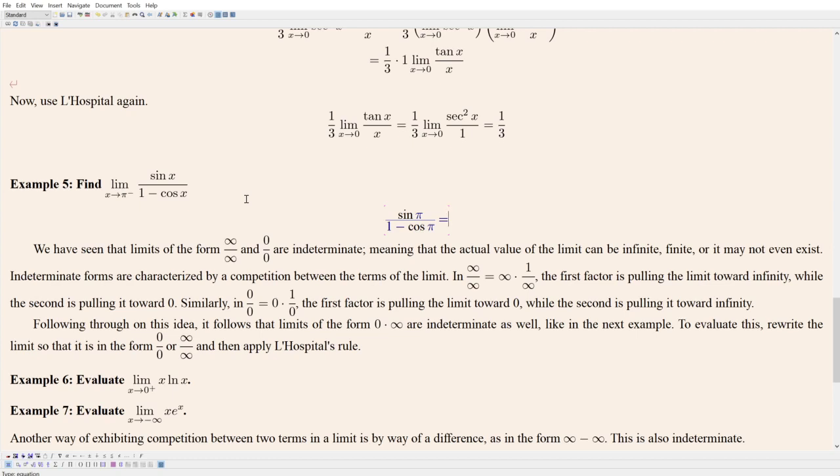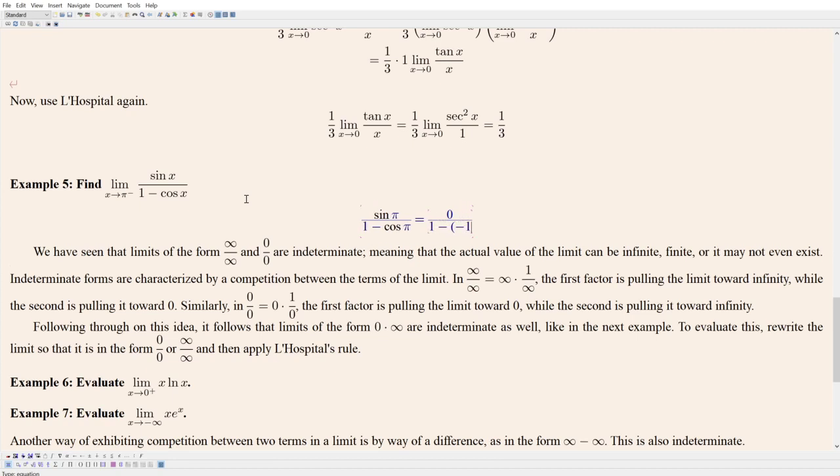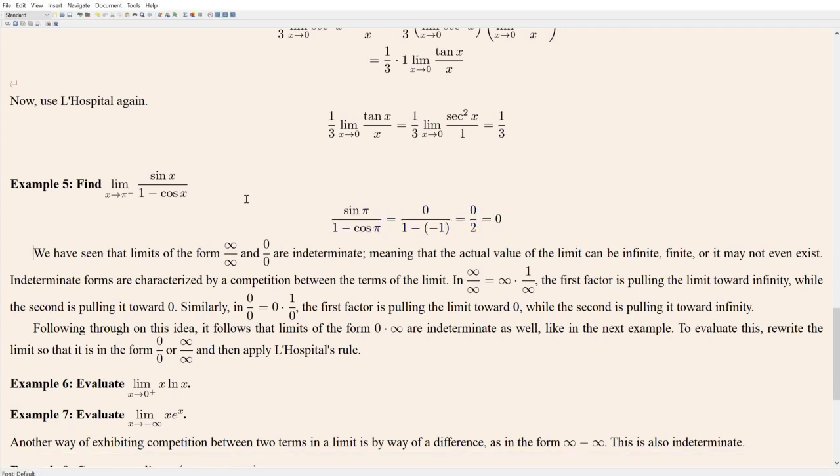So sine at pi is 0. Cosine at pi is -1. So this one was a bit of a red herring. So this one's just 0. It's just 0. So we don't need to do anything else.